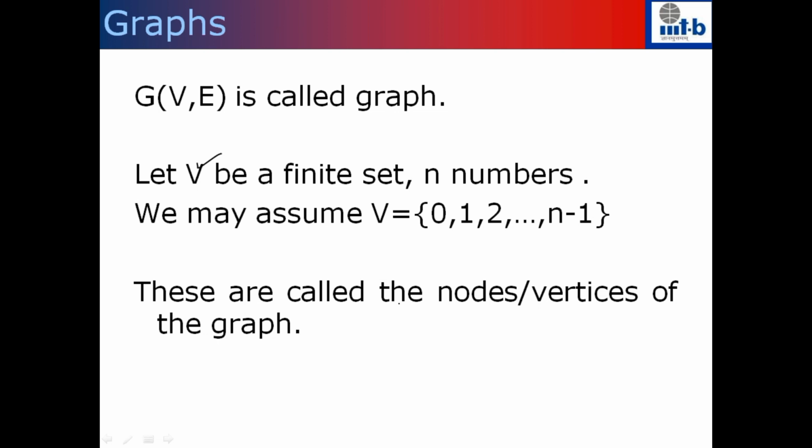If this is not the case, if it is a collection of some other numbers but it has n elements in it, then we know that there is a bijection between any two finite sets with the same cardinality. So pi of 0, pi of 1, up to pi of n minus 1 will give you the set of nodes in the graph. To keep things simple, we will assume that the nodes are numbered from 0 to n minus 1. So n is the number of vertices or nodes in the graph.